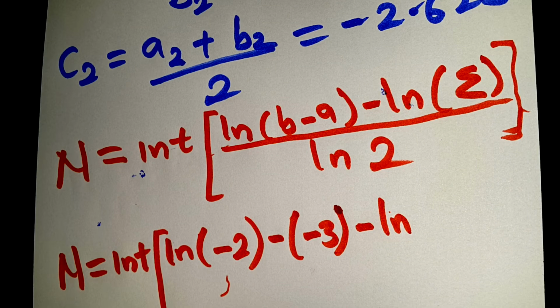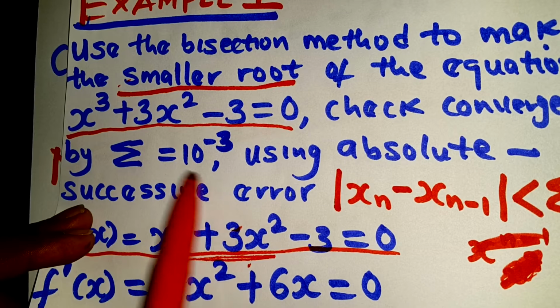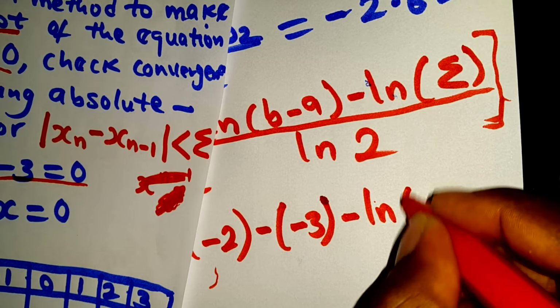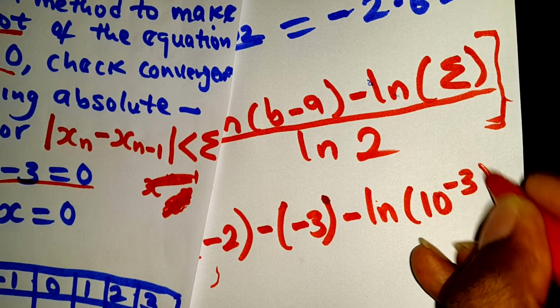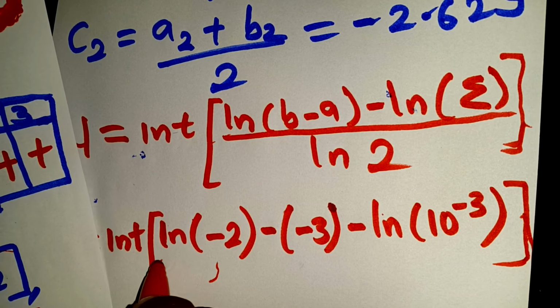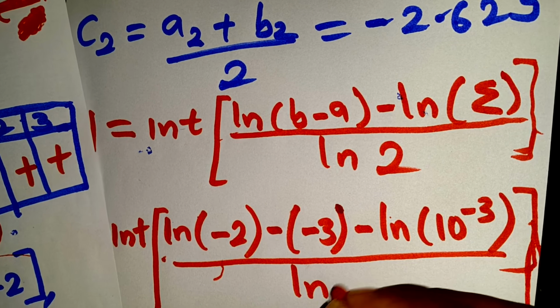In the example, our error is given to us as 10 raised to power minus 3. So we put that here, ln 10 raised to power minus 3, divided by ln 2.